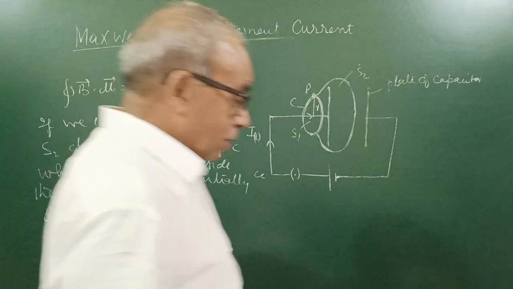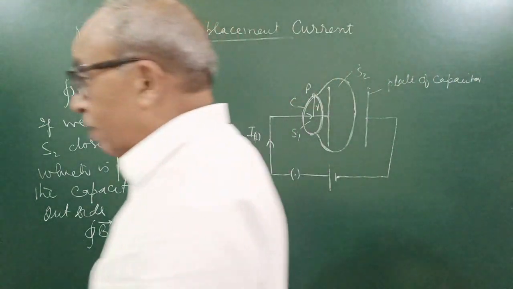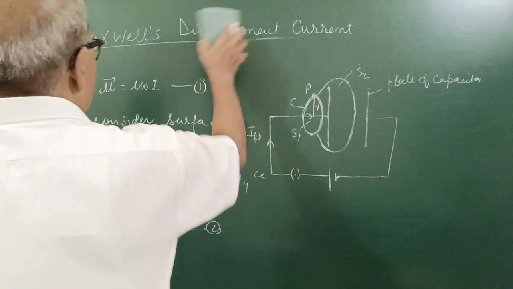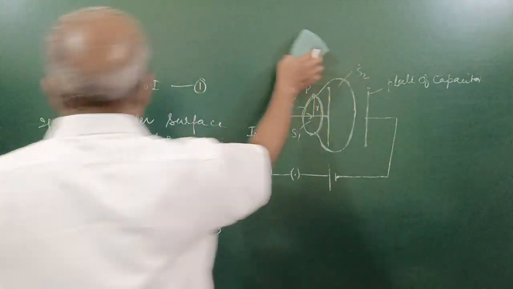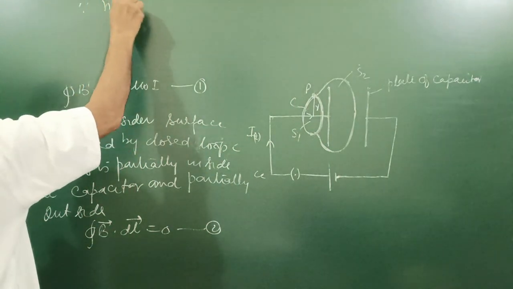No current is passing through S2 because while the capacitor is being charged or discharged, no current flows through the capacitor.